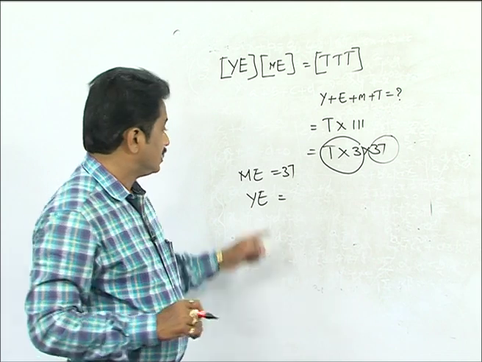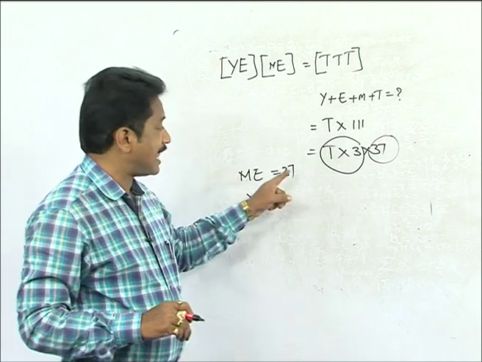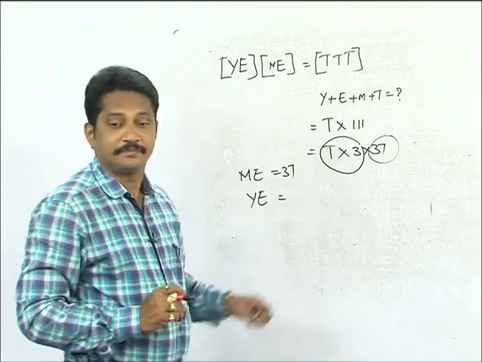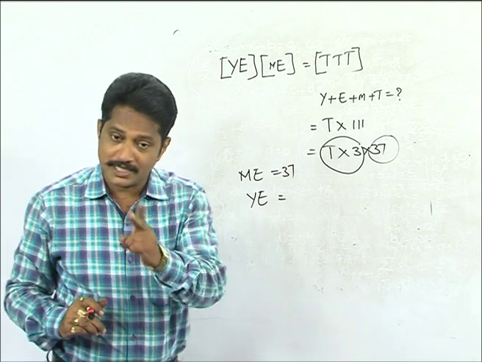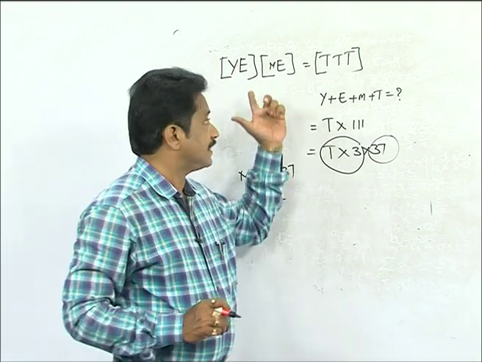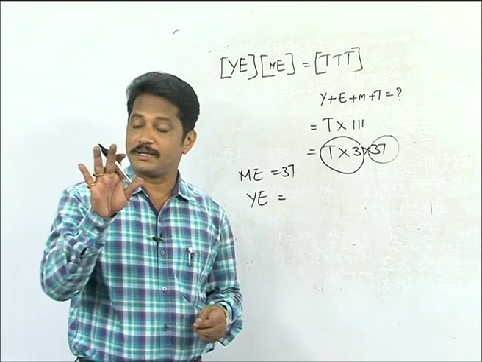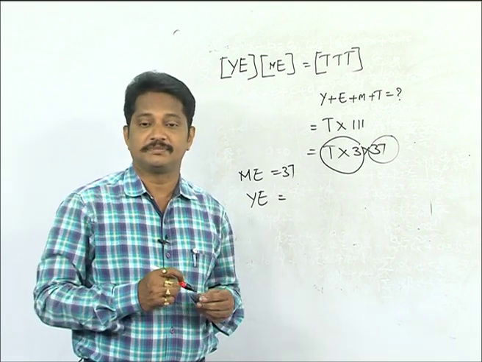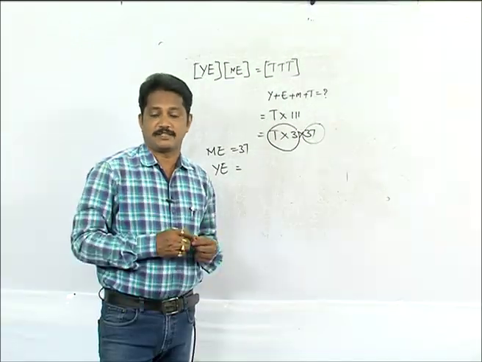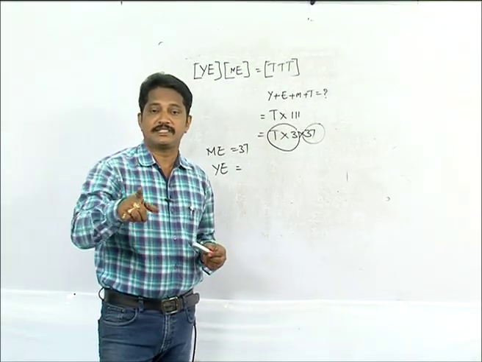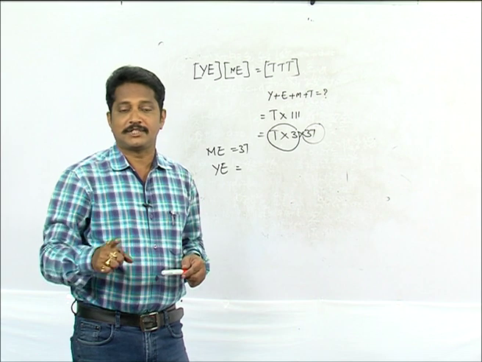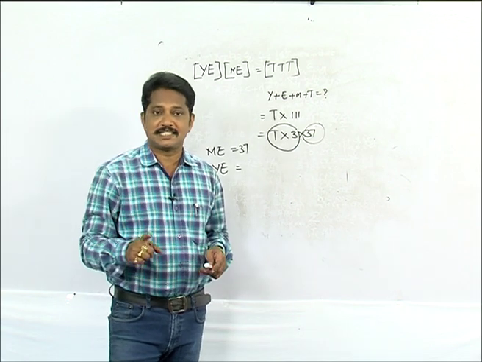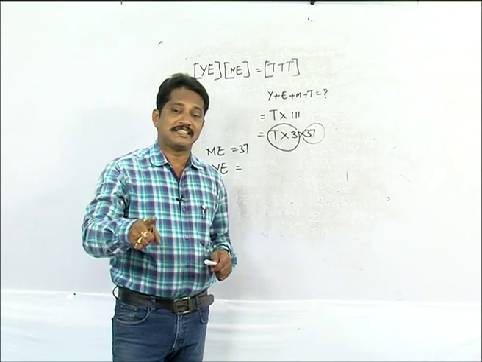Second, when you compare ME as 37, E will be 7. So, we have two properties for that YE. What are those? It should be a multiple of 3 and end with 7, and be a 2-digit number. Now, take the possibilities: maybe 17, 27, 37, 47, 57, 67 up to 97.